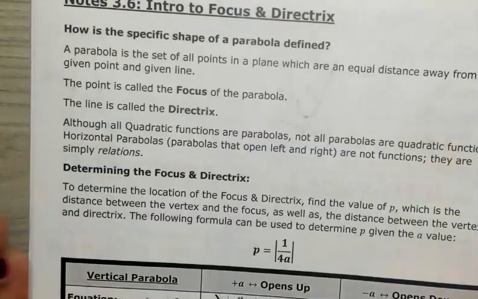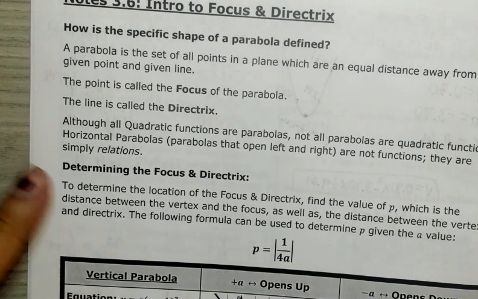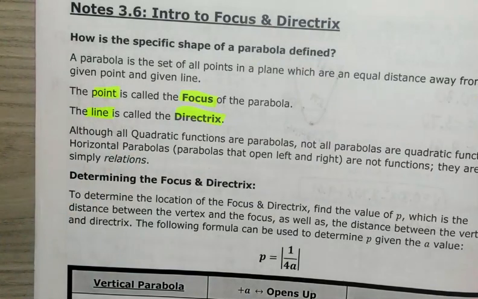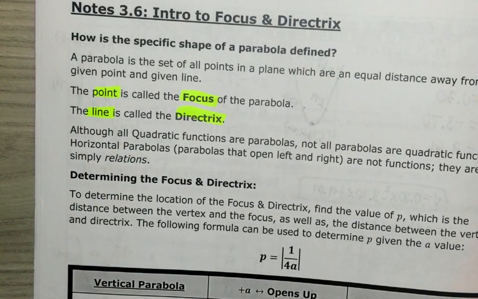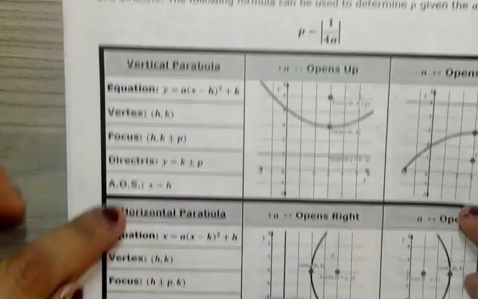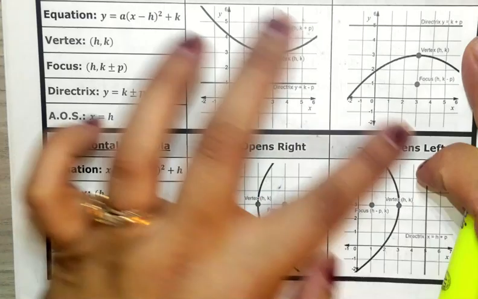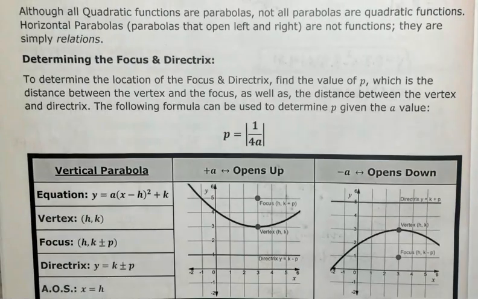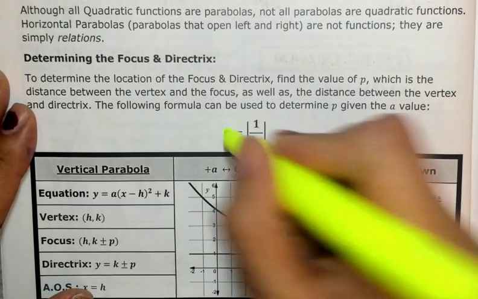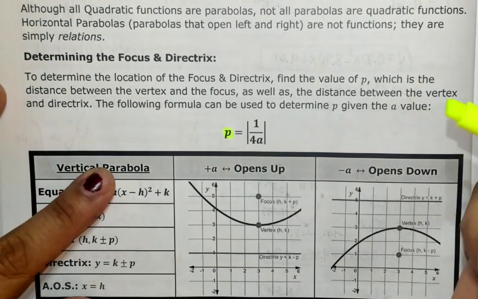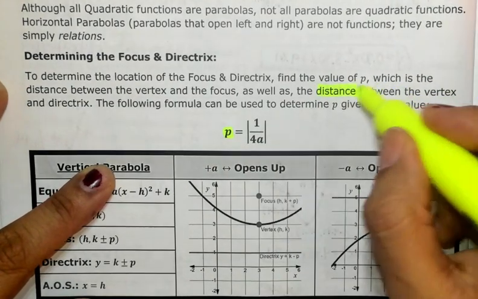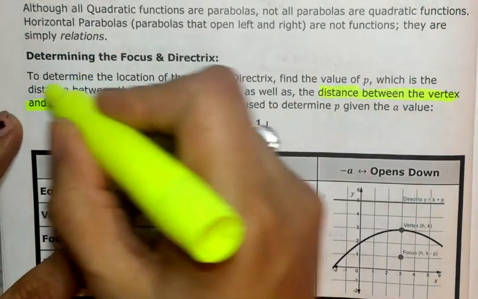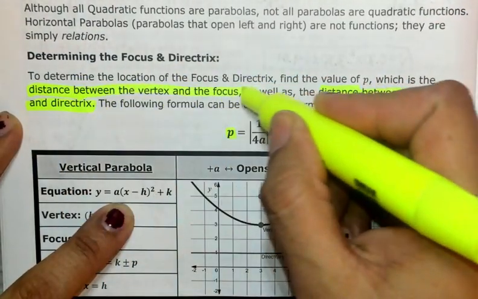So the notes just specify the two vocabulary words, focus and directrix, and focus is a point and directrix is a line. And whether you have a vertical parabola or horizontal parabola, you have the same relationship happening. The thing that you will have to calculate is the letter P, and P will be considered the distance between the vertex and the directrix, along with the distance between the vertex and the focus.